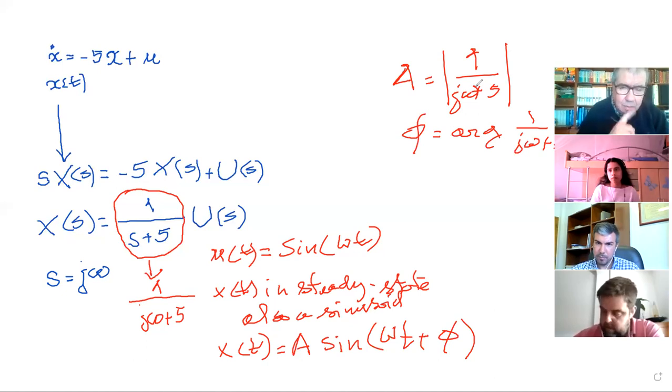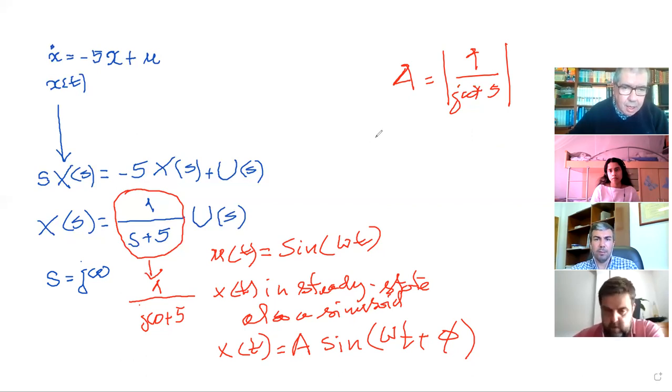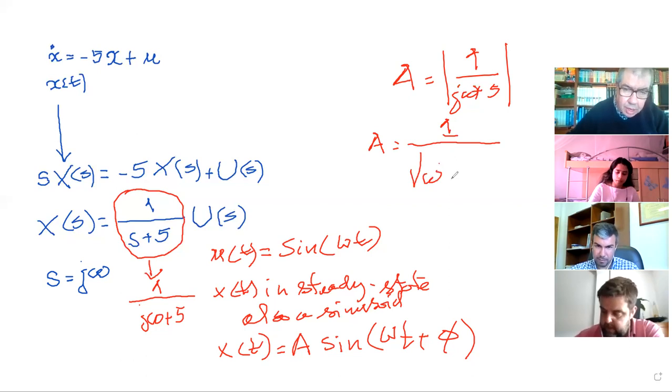And then we said also another thing. If we compute this gain, then A is 1 divided by the square root of omega squared plus 5 squared.